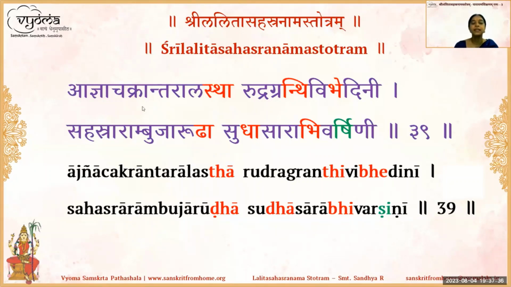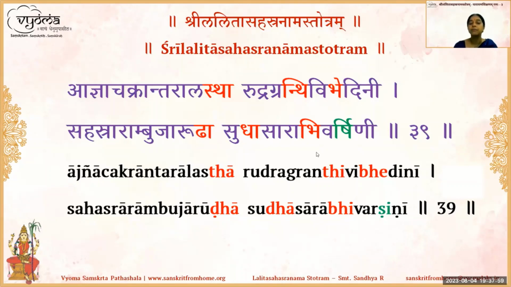In the first padam, we have Tha as the Mahaprana. In the second padam, we have again Tha in Granthi. Then in Vibhedini, Bha is a Mahaprana. In Sahasra, for Sa we have a Ra, Repha. Sa plus Ra, Sahasra. In Rambujarudha, Dha is a Mahaprana.